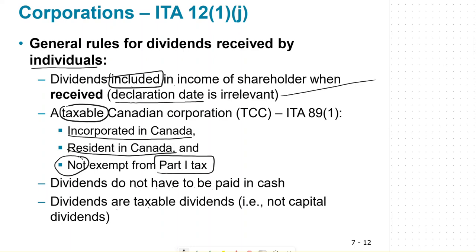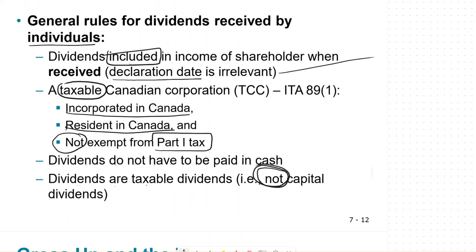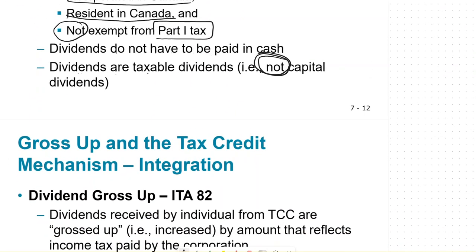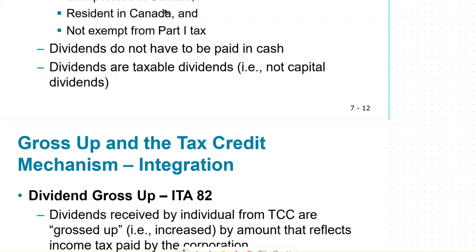Now, dividends are not taxable if it's a capital dividend. We're going to talk about CDA later on. You could also receive a stock dividend, which is also a dividend, or a dividend in kind. That's another one.